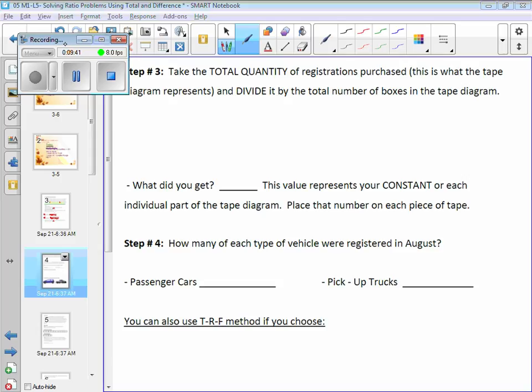Step 3. Take the total quantity of registrations purchased. So now you have to go back to the word problem. Do you remember the number? If you remember the number, we don't have to flip back and forth. Shane, you remember? Yeah, 159. Okay, write it down. Was it 192? Yeah. All right, 192.